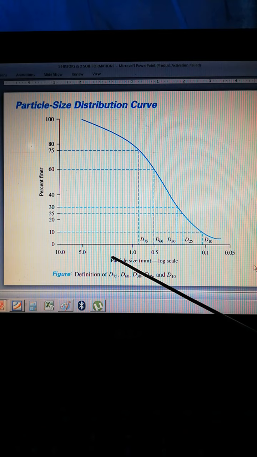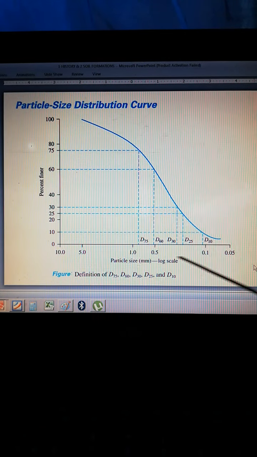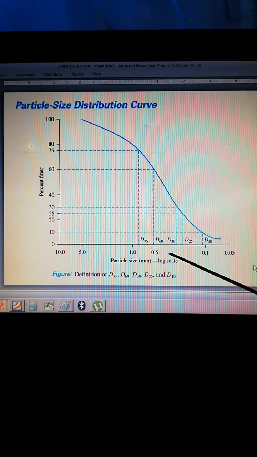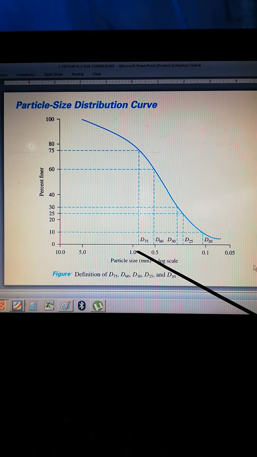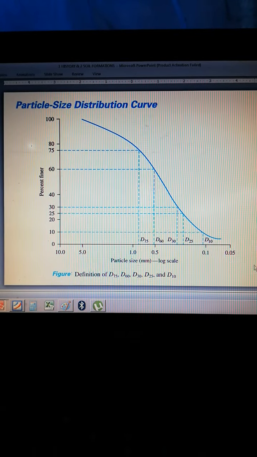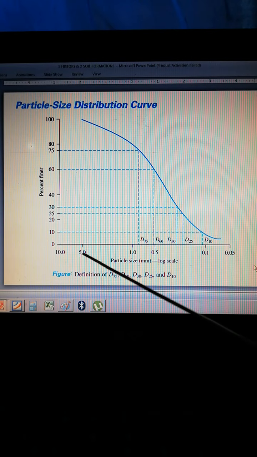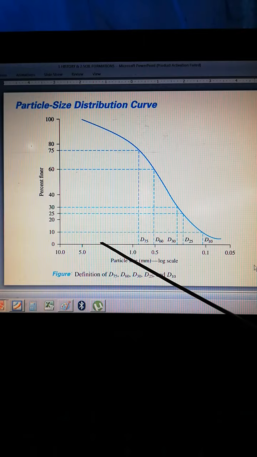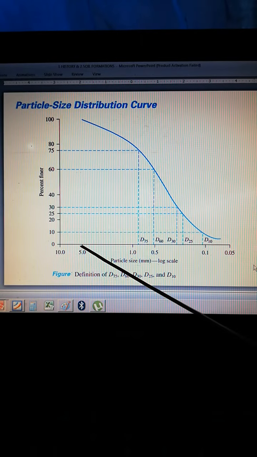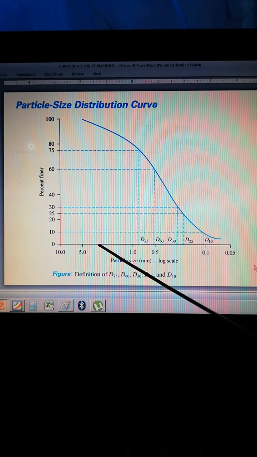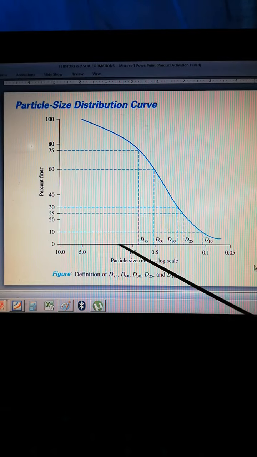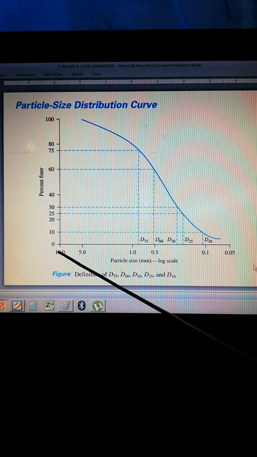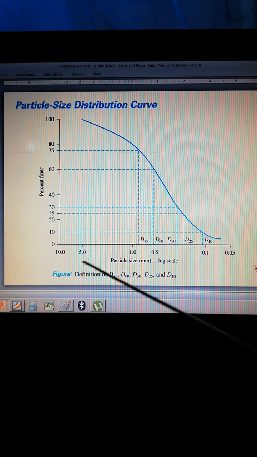So, you have here particle size in the abscissa. This is in mm and this is logarithmic. Okay, you have 10, 1, 0.1, in powers of 10. Then from 10 to 1, the middle is supposed to be here, but 5 is not in the middle, not midway of 10 and 1. It's nearer to 10.